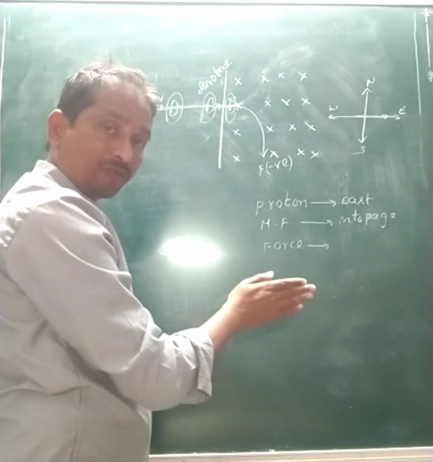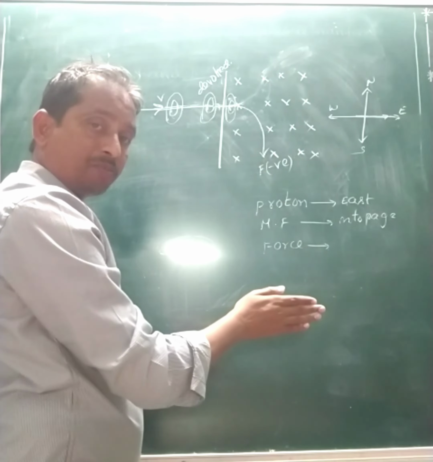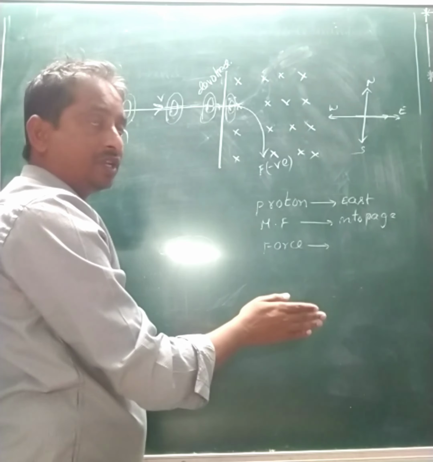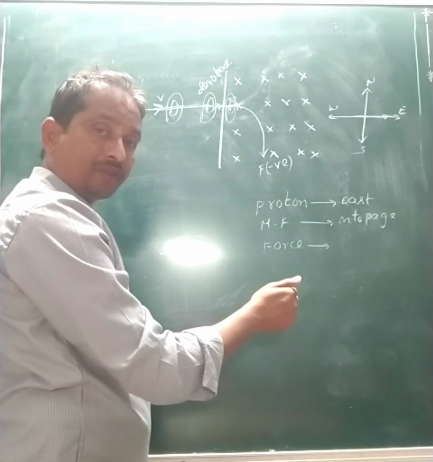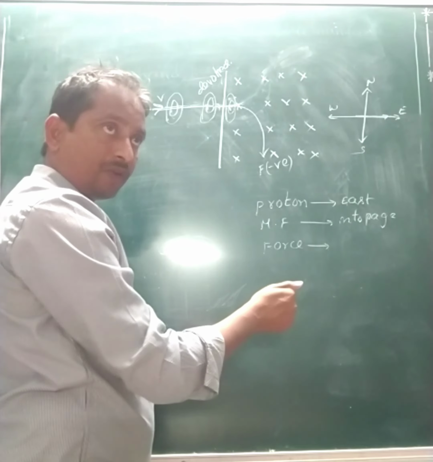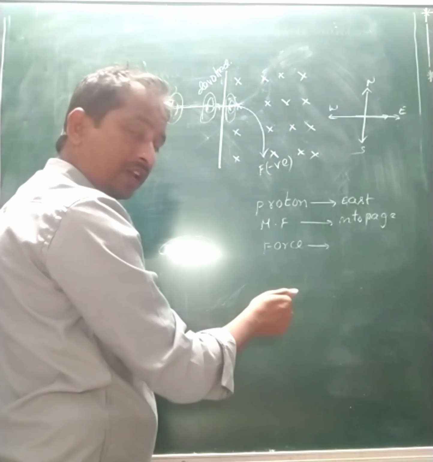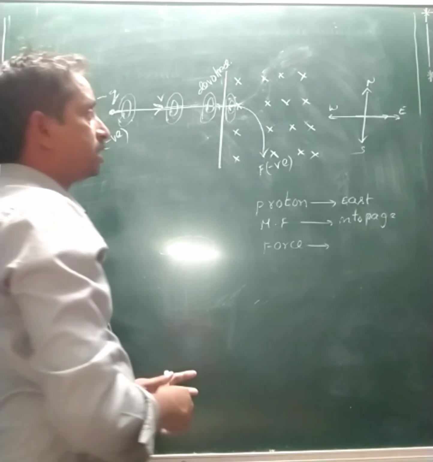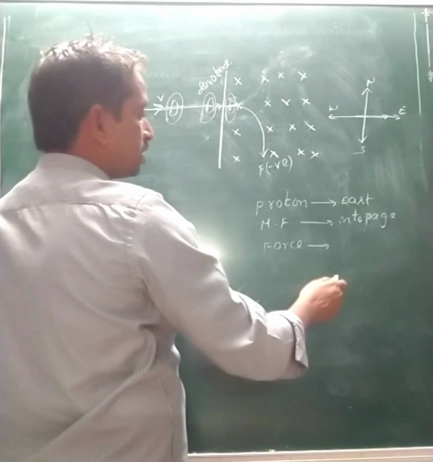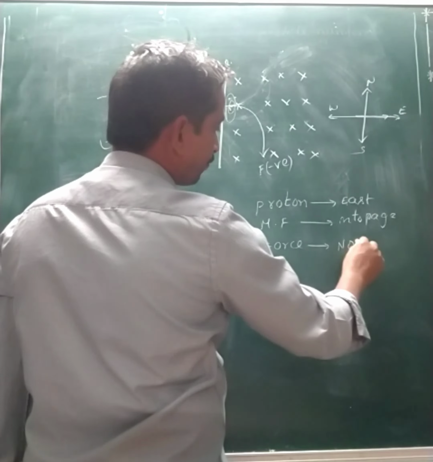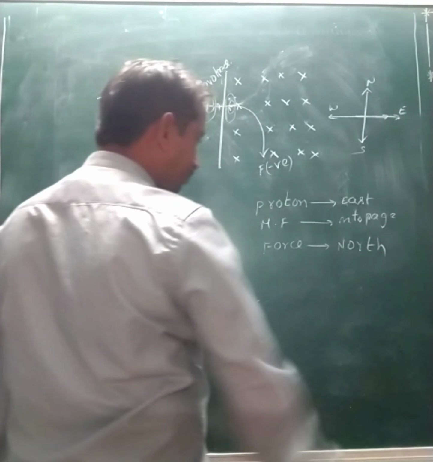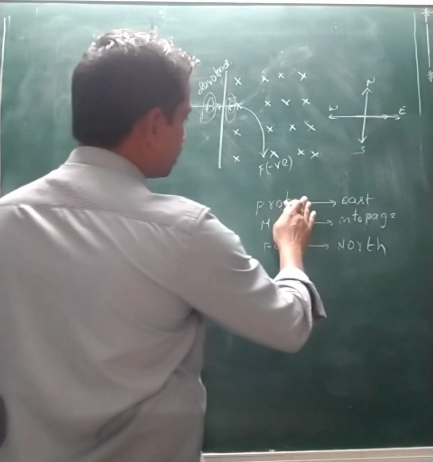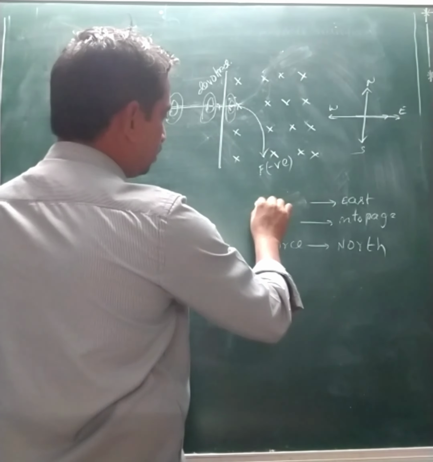He said one word, magnetic field is applied into the board, means immediately you turn your fingers to 90 degrees. Why? Field lines enter into the page. Now open your thumb. The thumb indicates the direction, it is going in the upward direction. So the force is north. The same situation can be applied for the electron.